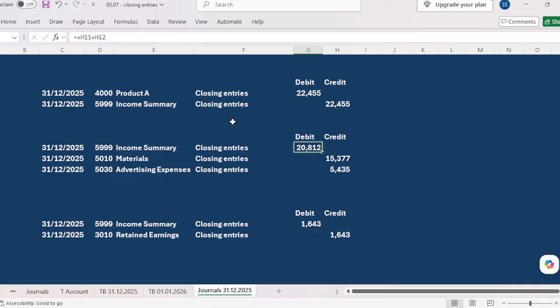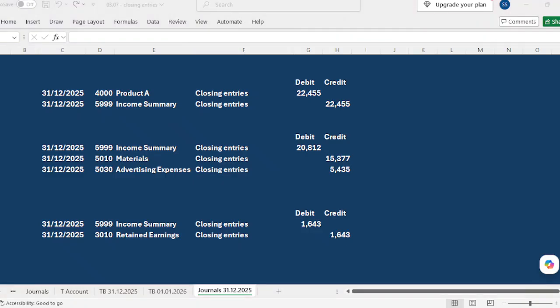Now we need to close the income summary with the final journal that transfers the result to the retained earnings. In this situation, I have 1643 because 1643 plus 2812 is giving me 22455. In this situation, income summary has closed its job and the result is moved to the permanent accounts.